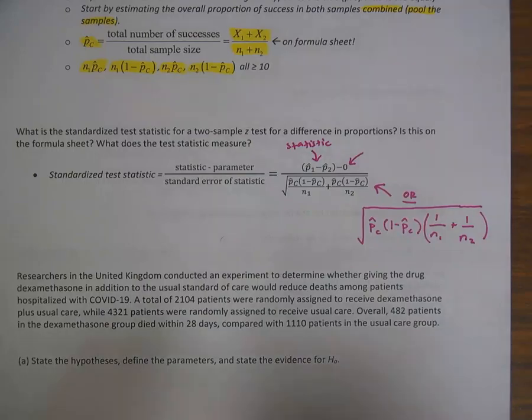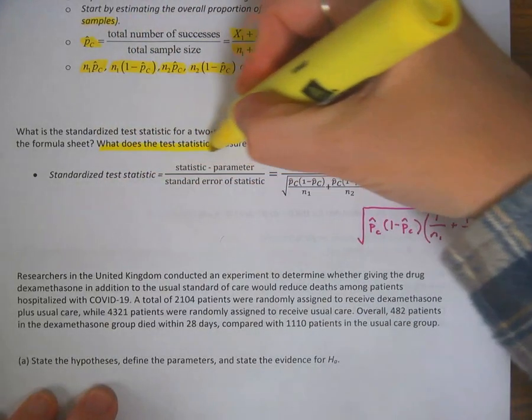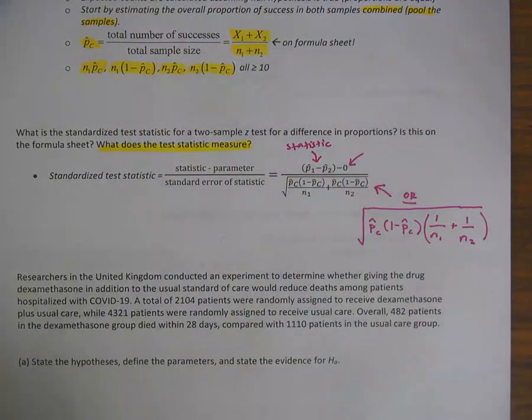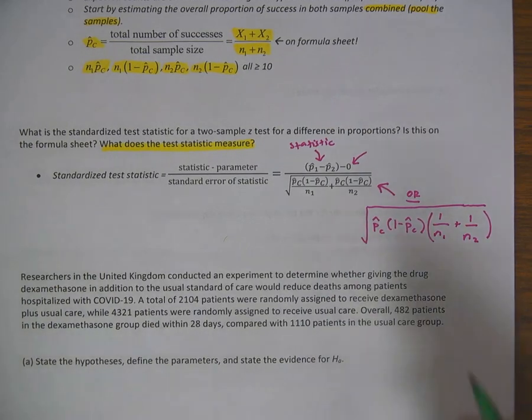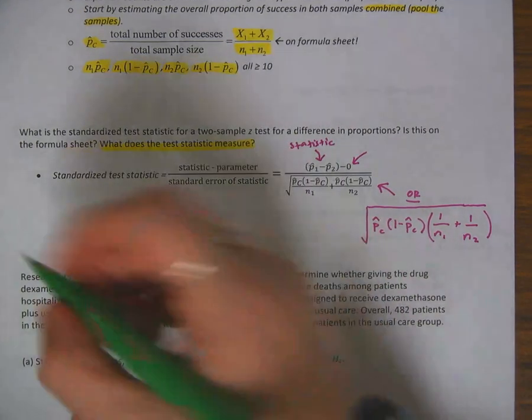Now it asks, what does this measure? When we find the Z value, what does it measure? It tells us how far the evidence is from the null in standard deviation units. It's the same thing that this told us in the last set of notes.